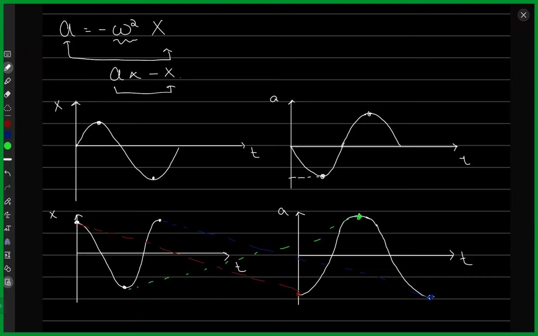So now we can talk about, are you familiar with the idea of amplitudes of oscillations? The amplitude of an oscillation is the maximum value of any of these quantities.